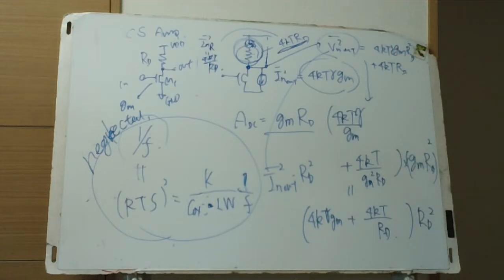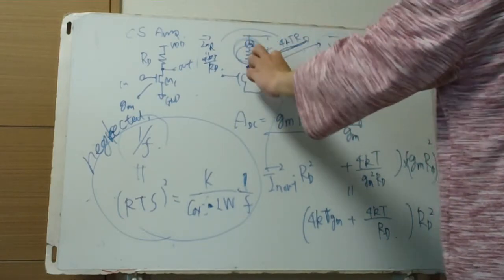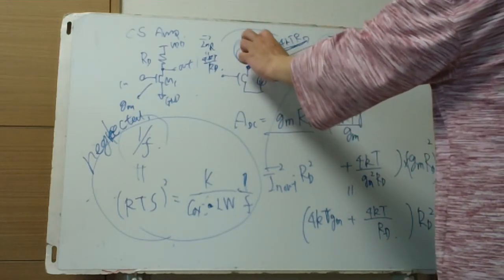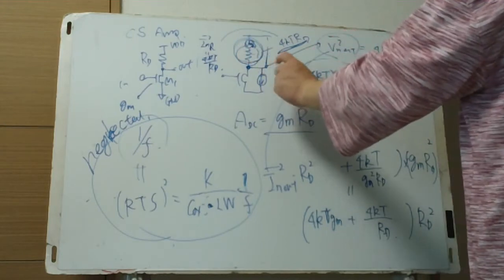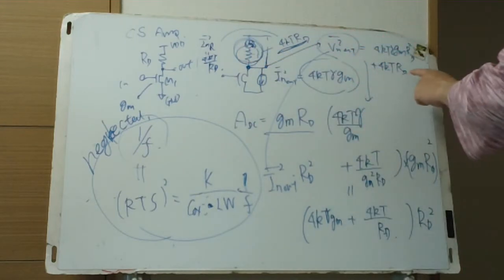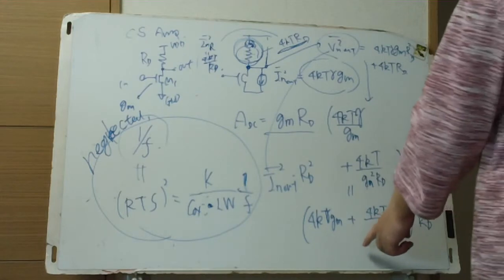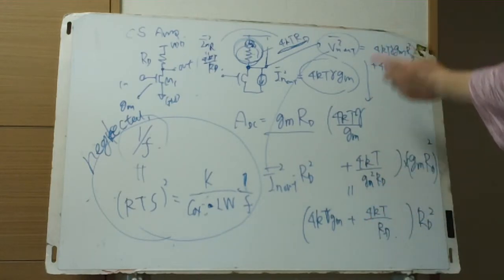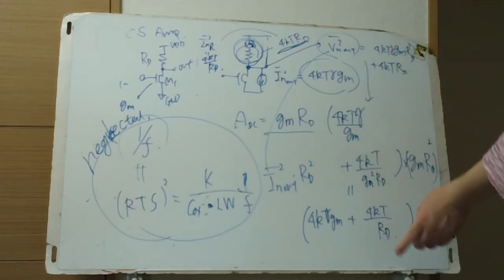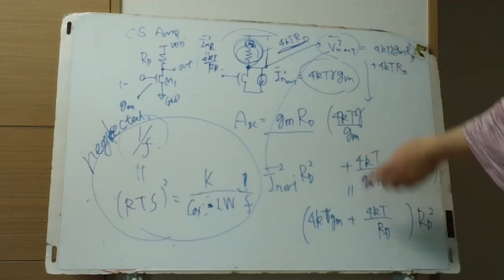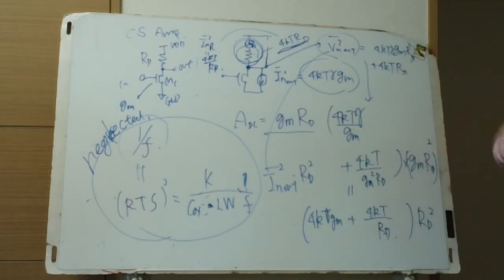So the non-correlated voltage noise is RD, with the same expression. There's no contradiction. Very consistent. And on the other hand, we can separate gm RD squared.